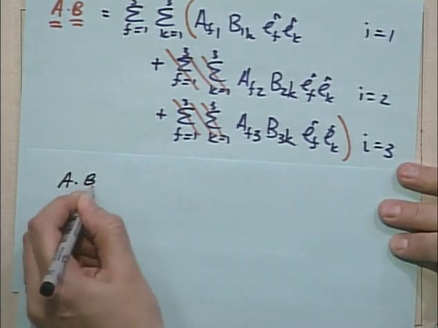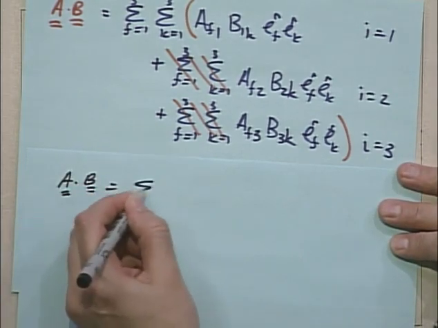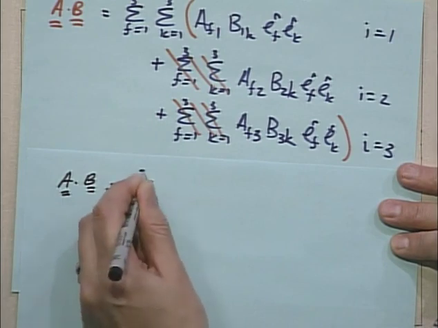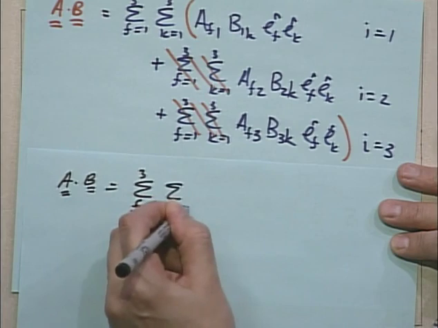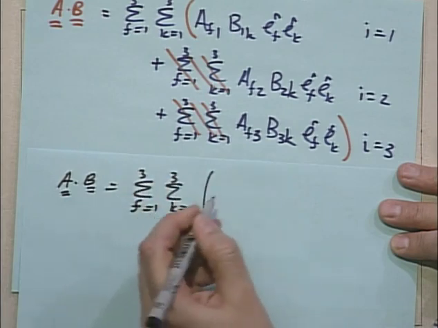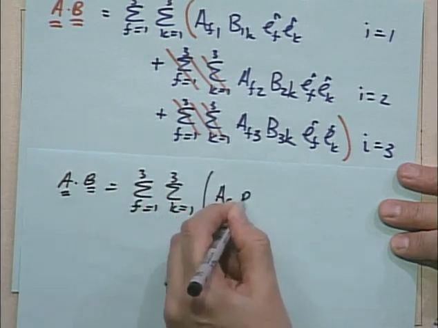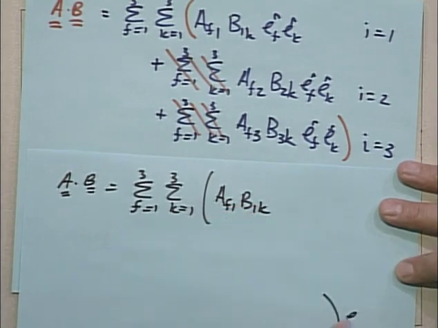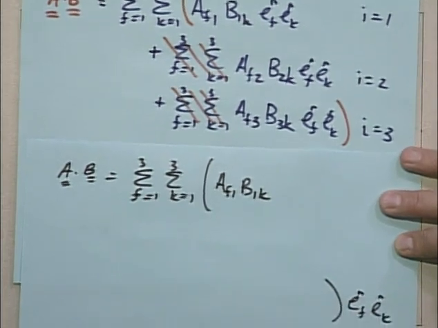A dot B equals, let's just write this in a more smooth way. AF1 B1K, and then times EF EK. I'm factoring out the EF EK.